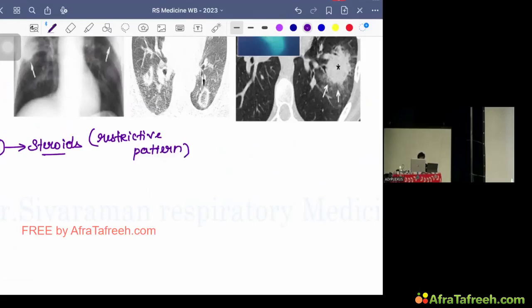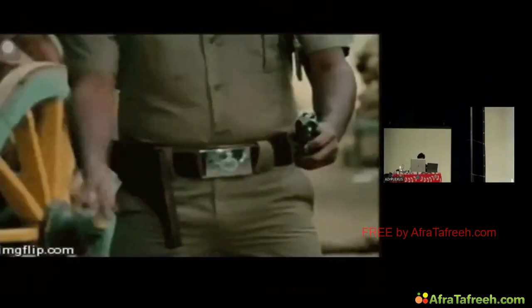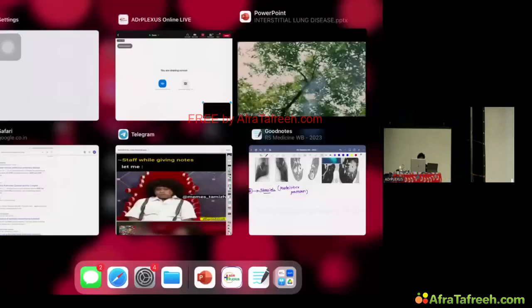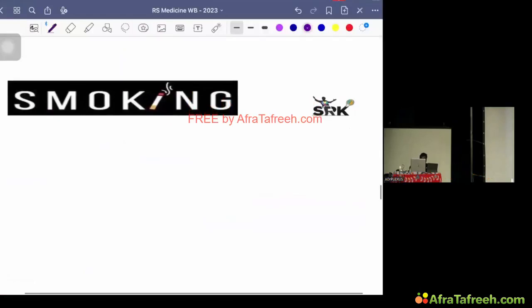Next, one important thing is smoking-related interstitial lung disease. One question has been asked on this in the last 2 years, especially on Langerhans histiocytosis, which comes regularly.